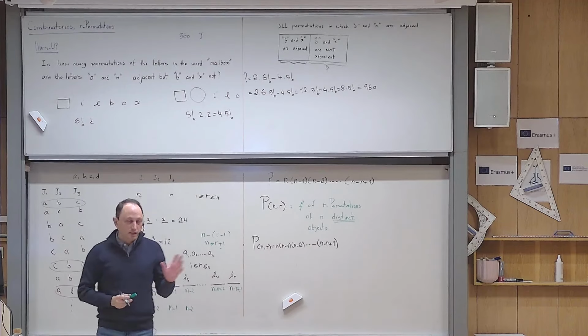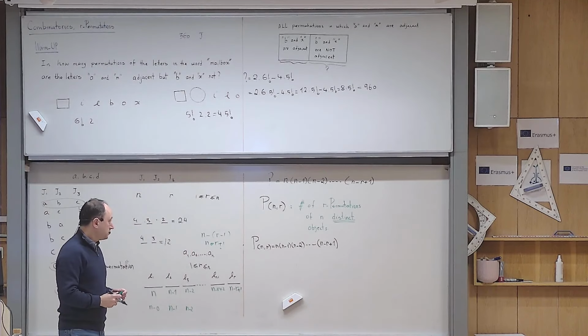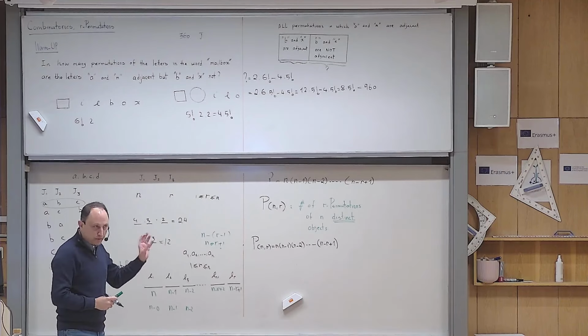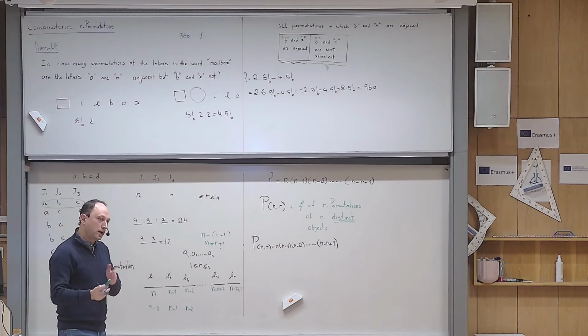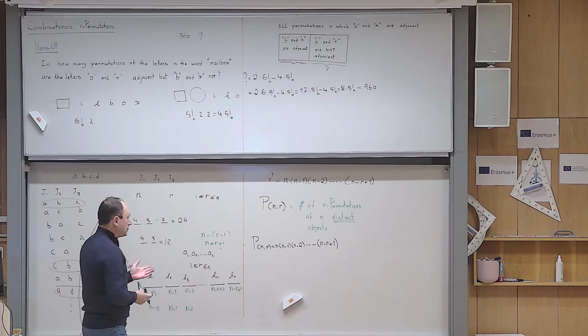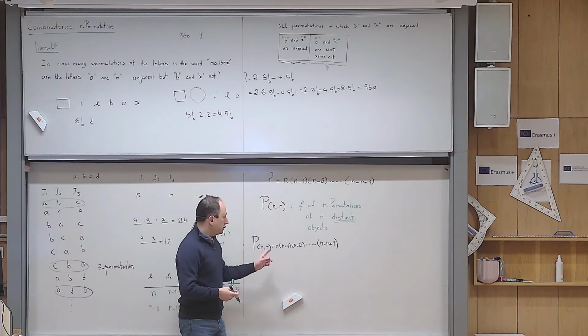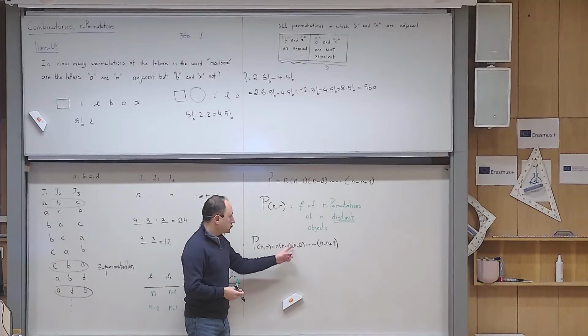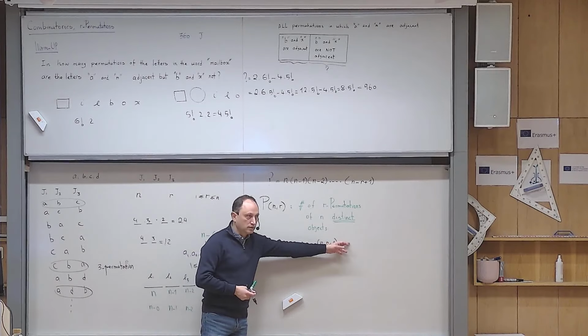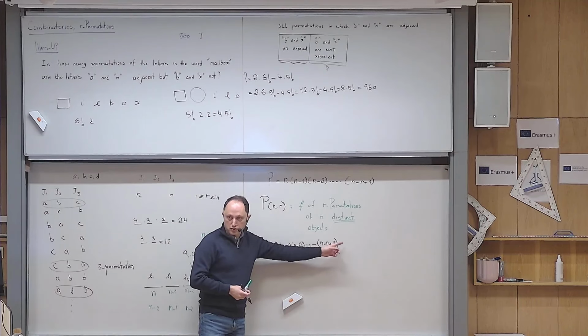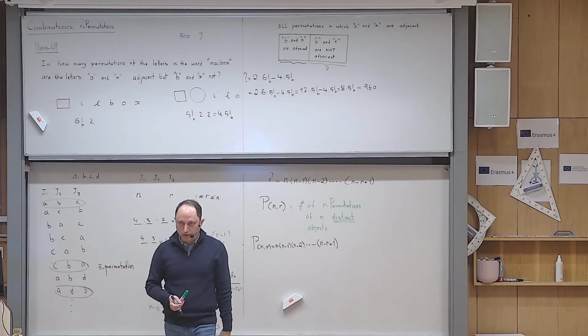Yes? But I can use the factorial symbol to write this more compactly. And that formula, you have it in the formula sheet as well. Okay? But how can I do that? This is not n factorial, because n factorial starts from n and goes down to 1. But this usually doesn't reach 1, depending on the value of r, yes?